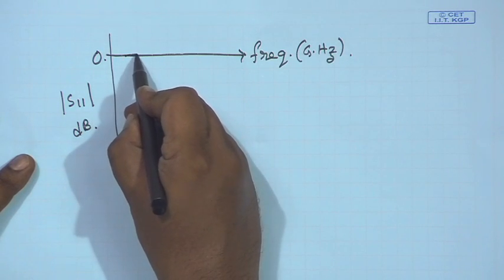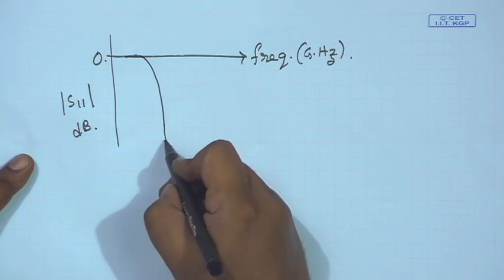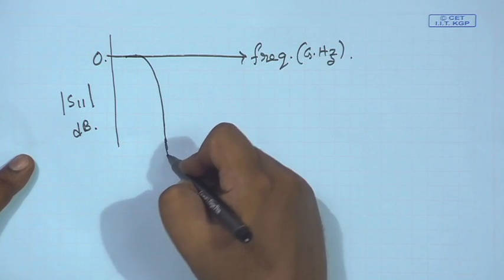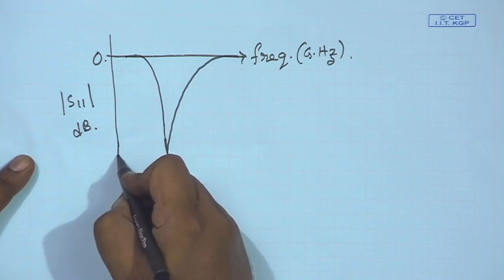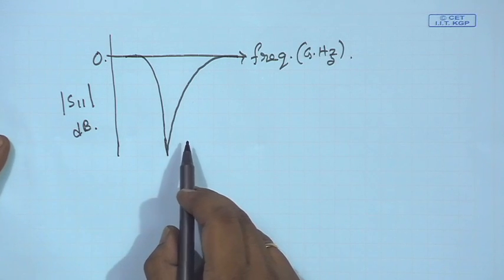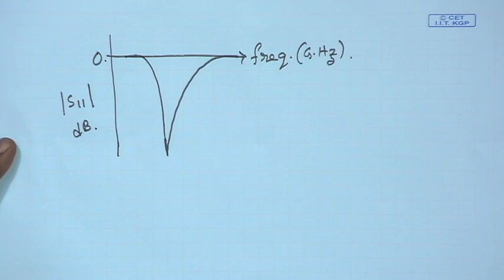If the antenna accepts power, then we have some negative value of S11. Let us say we have measured S11 or simulated the antenna structure, and when we plot it, it looks like this.